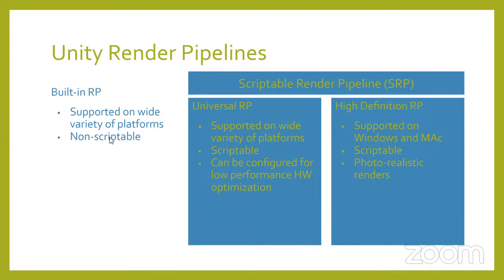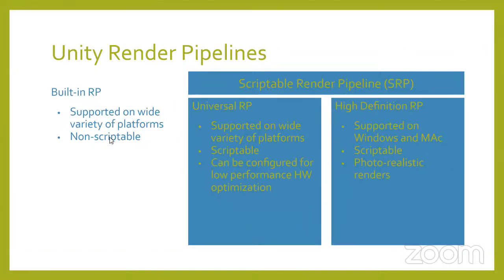In contrast, there are scriptable render pipelines, and examples of these are URP, Universal Render Pipeline, and HDRP, High Definition Render Pipeline. As the name suggests, the Universal Render Pipeline is scriptable, supported on a wide variety of platforms, and it can be configured for low performance hardware such as mobile games.